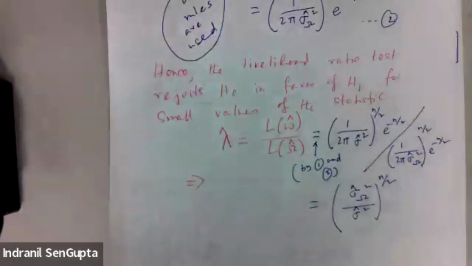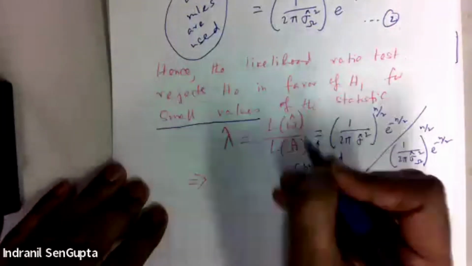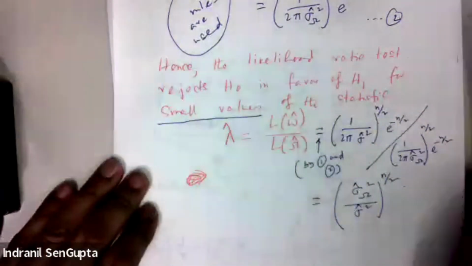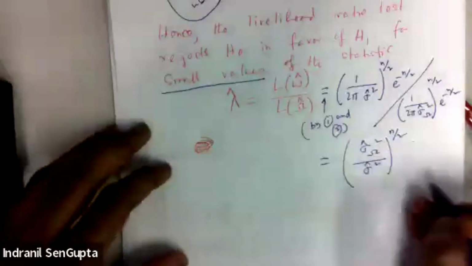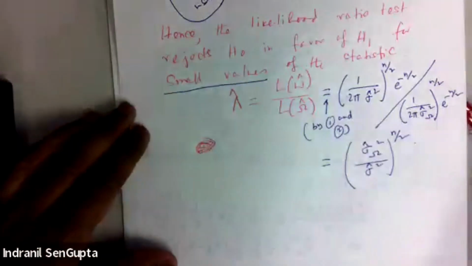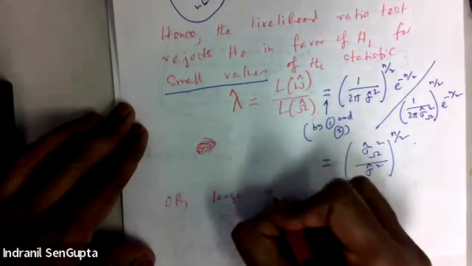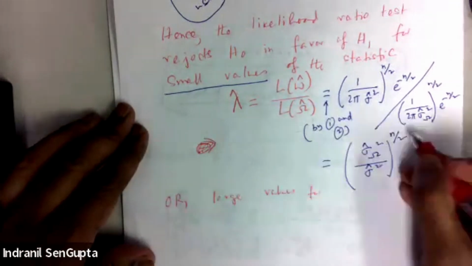Okay, so we want to have some small values for this quantity, or some large values for this constant.